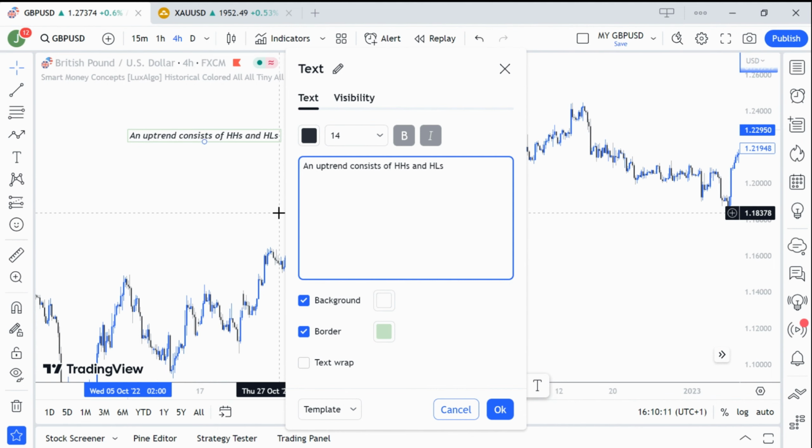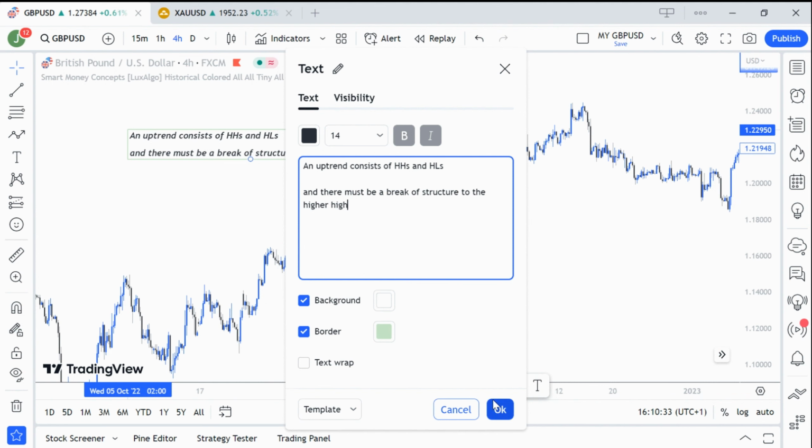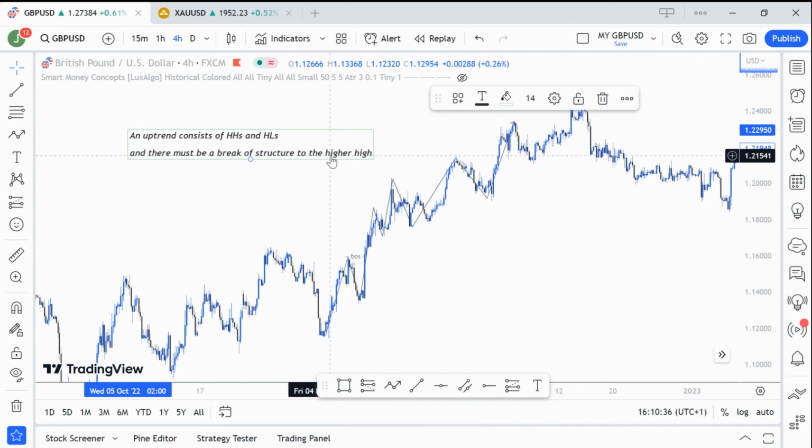And there must be a change of character, a break of structure, that is BOS, to the upper side, the higher side, before you can call it a higher high, before you can call it a valid uptrend.